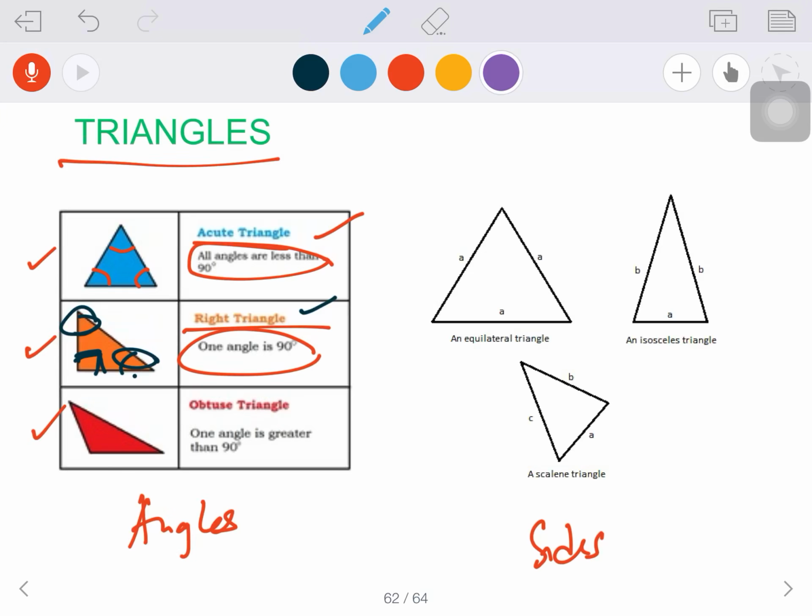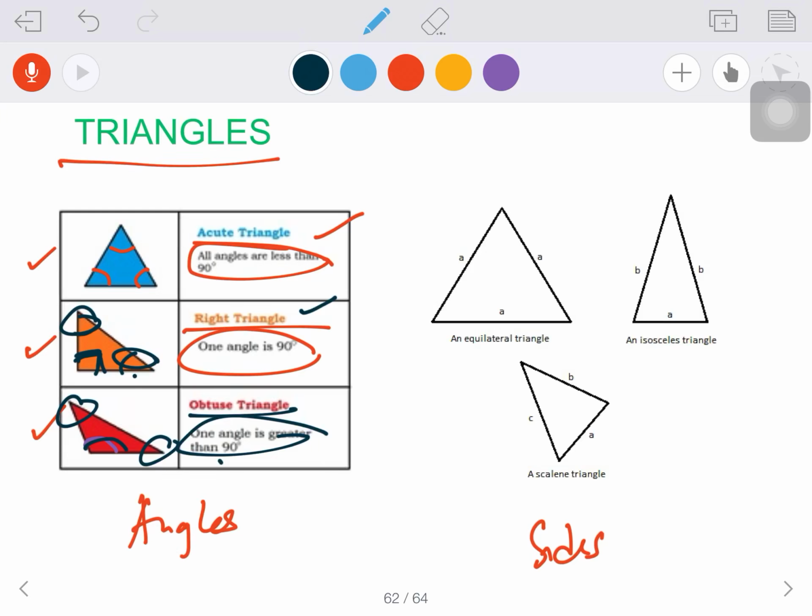If it's an obtuse triangle, only one angle is obtuse. The other two should be acute. So you have here an obtuse triangle, one angle is greater than 90, or an obtuse angle, and the other two angles should be acute.